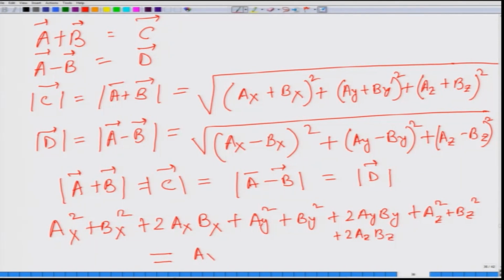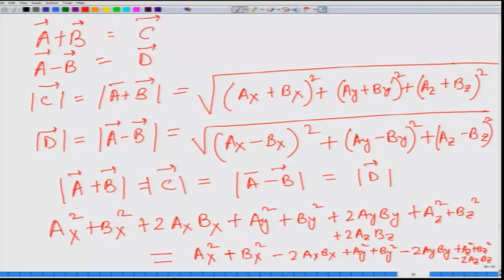So this is AX square plus BX square minus twice AX BX plus AY square plus BY square minus 2AY BY plus AZ square plus BZ square minus 2AZ BZ.